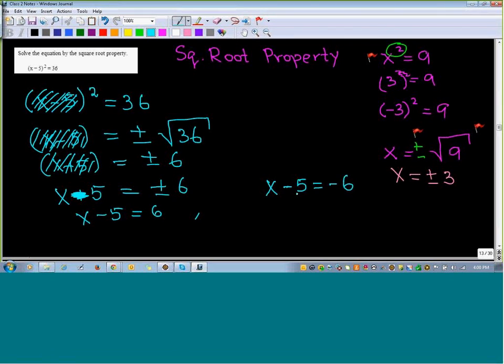And now we have correct answers. 6 squared is 36. Negative 1 minus 5 is negative 6. Negative 6 squared is also 36, right?